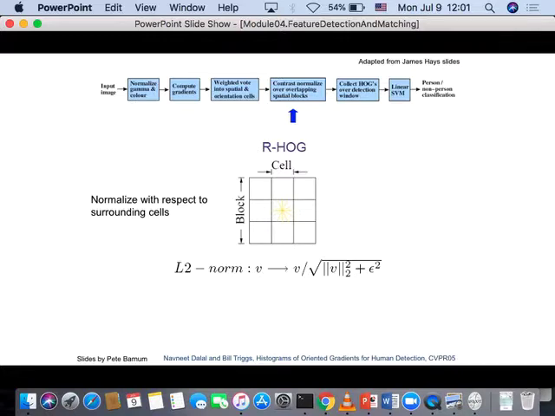So there's a case for local normalization, so that one global feature doesn't overpower everything. But there is a case for global normalization, because local normalization can even enhance some very noisy and very weak features which should not be enhanced.